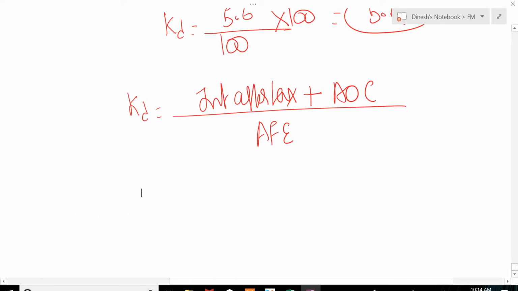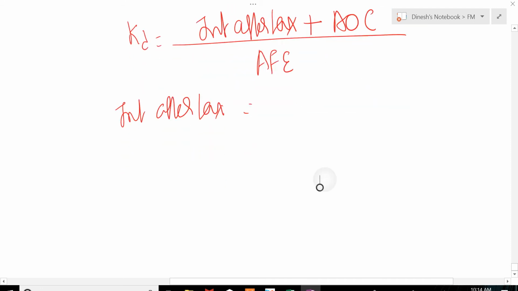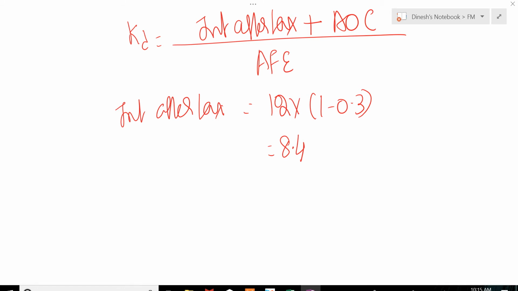Now write interest after tax equal to 12 into, I am taking 30% tax rate, corporate tax rate, 12 into 1 minus 0.3. Any doubts on 8.4?